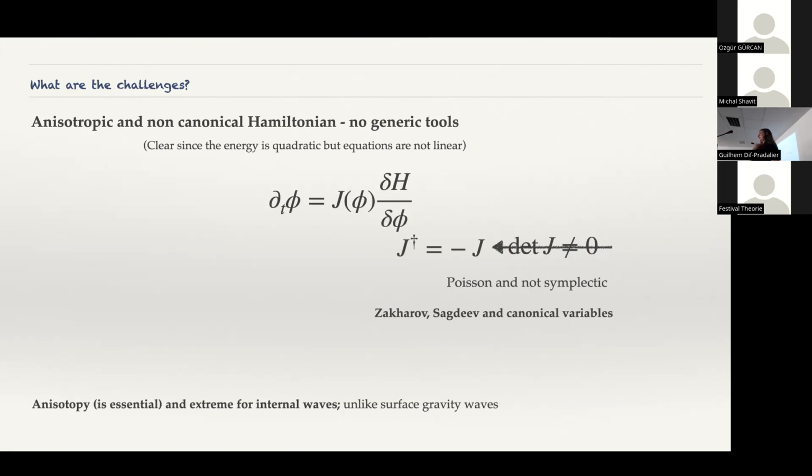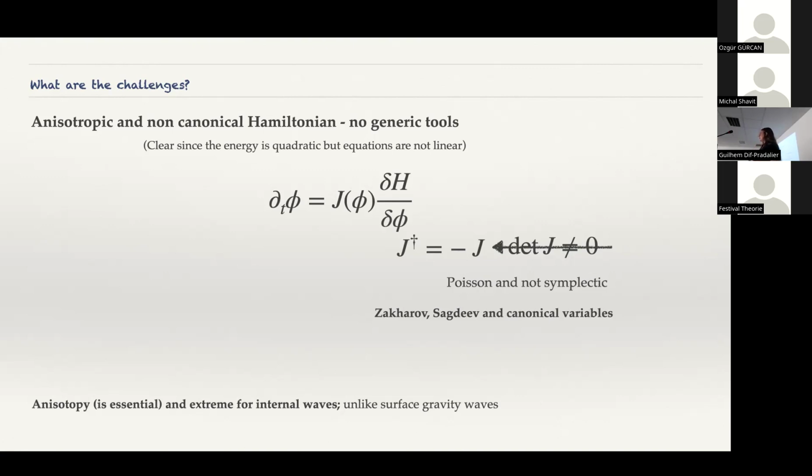Zakharov was a student of Tsytovich, and what my PhD advisor told me is that when he was in his PhD, he was told: go and write all the equations you know in canonical variables, and then we'll see if we can do some theory. This is what he did, for surface gravity waves, which is a really important and beautiful part of the analytical description of surface gravity waves. Then he used the canonical structure and wrote a kinetic equation and analyzed that.